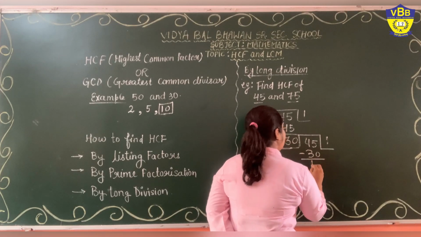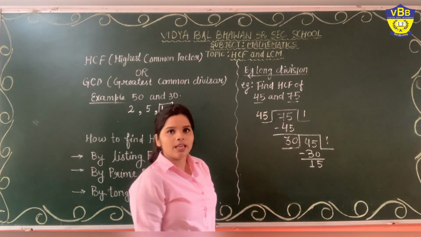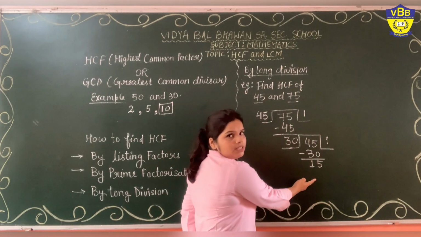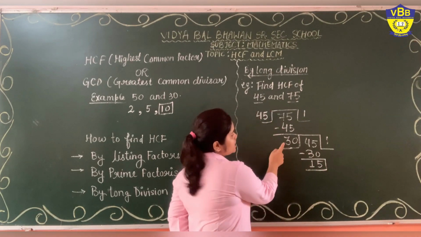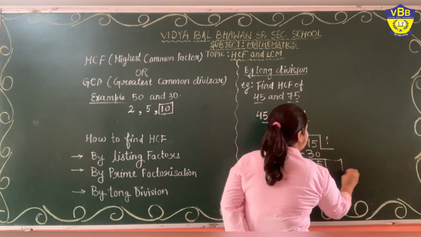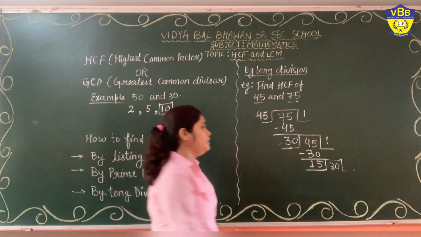Subtract 30 from 45, it is 15. The same process. Now this 15, which is remainder, will become divisor, and this 30, which was the divisor, will become dividend here. Divide 30 by 15.